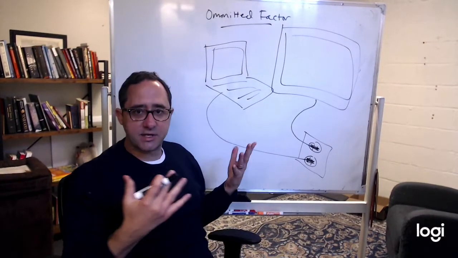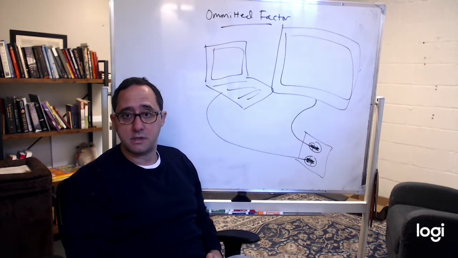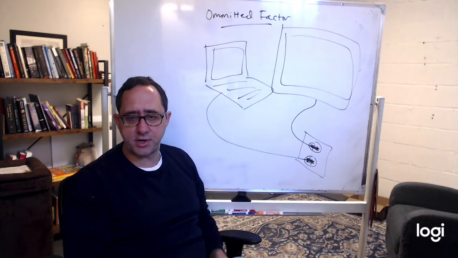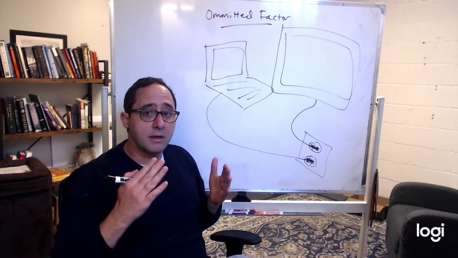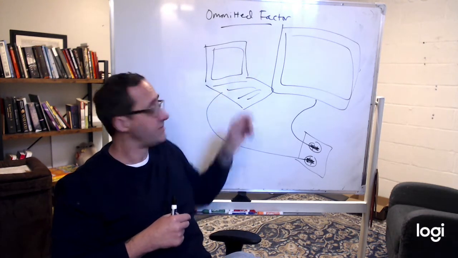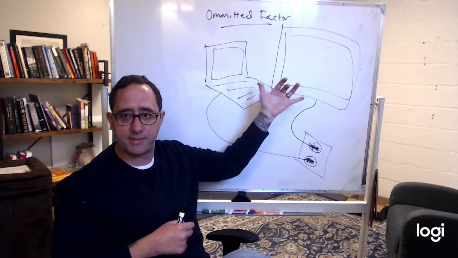If we sit around and think, oh, I think the computer caused the TV to turn off. And then someone else says, no, no, no, I think the TV caused the computer to turn off. What are we seeing here? We're omitting a factor from this discussion. The factor that's omitted is there's electricity. The electricity is going to both of those.